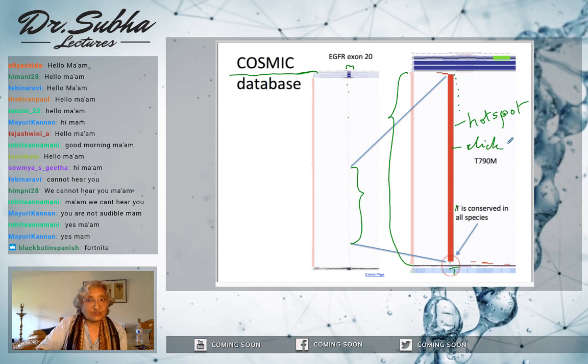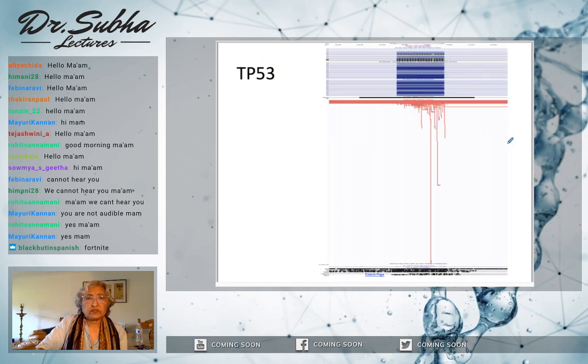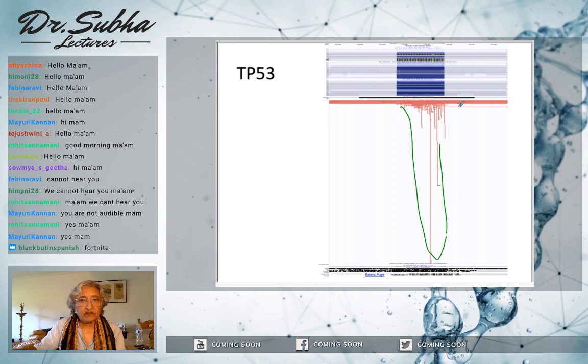They didn't go one by one like that. To find hotspot mutations, they went through the entire site and found the peaks in cancer mutation. This is the P53 exon, where the mutation, you know, is kind of going crazy in cancer at this particular site.